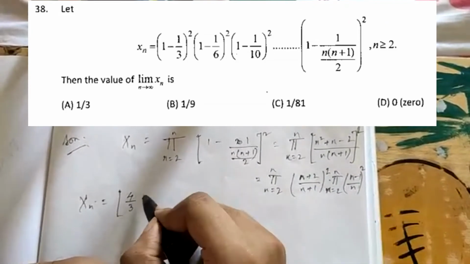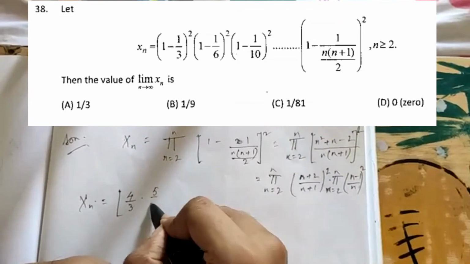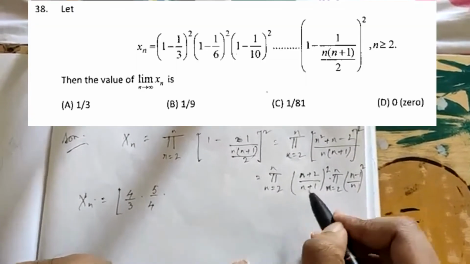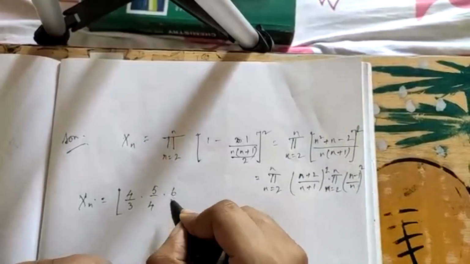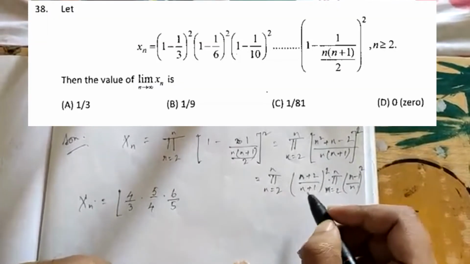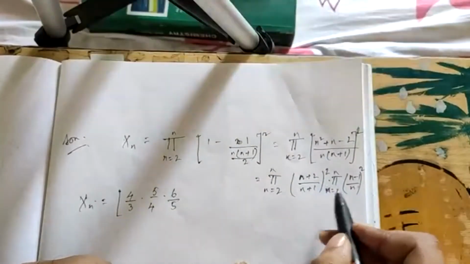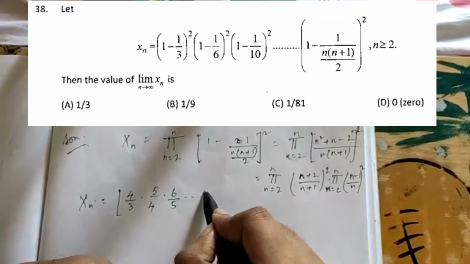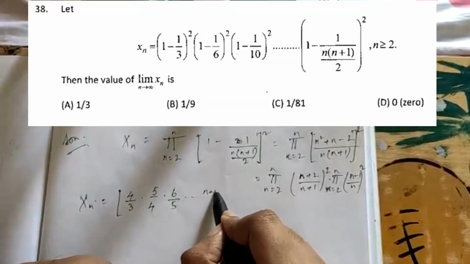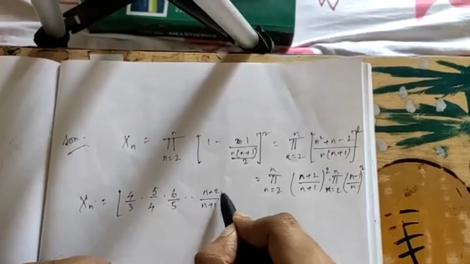If n is equal to 3, then it will come as 5 by 4. If I take n is equal to 4, then it will come as 6 by 5. In that sense, it will go on up to n plus 2 by n plus 1.